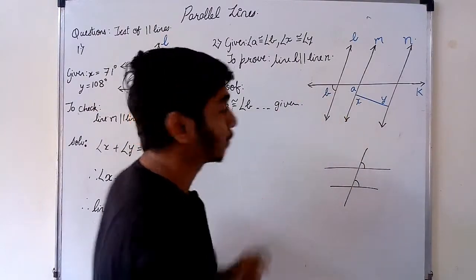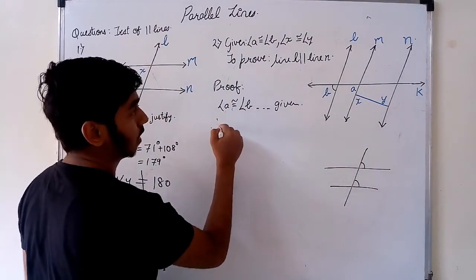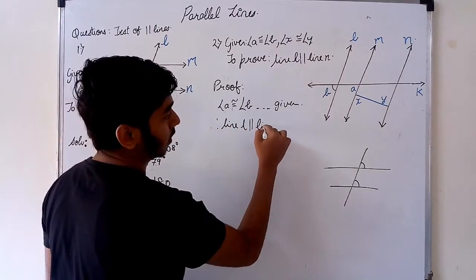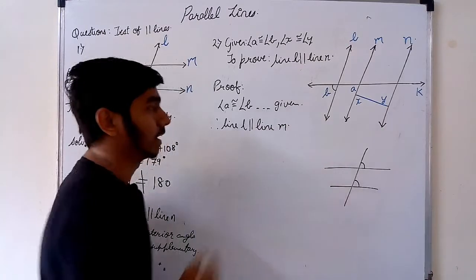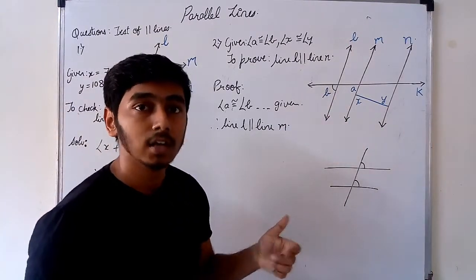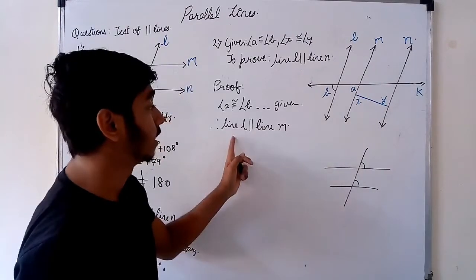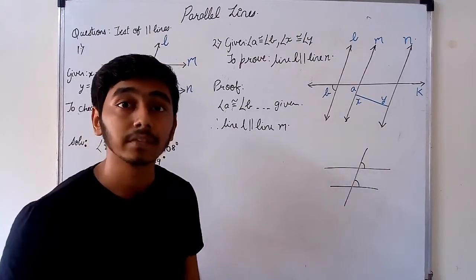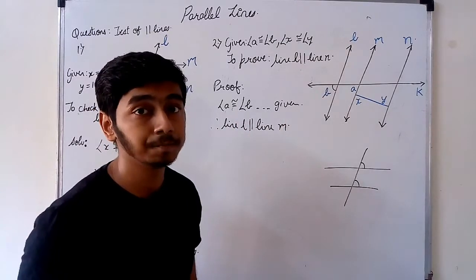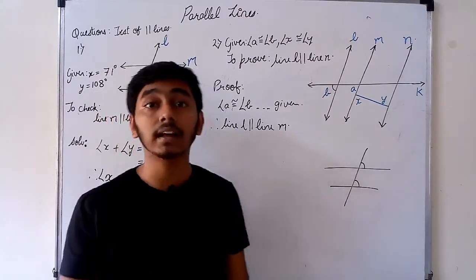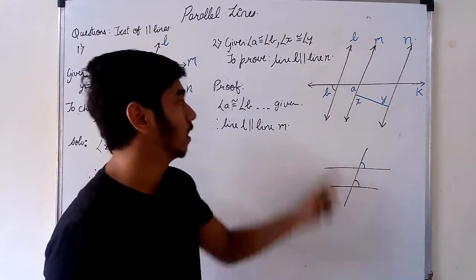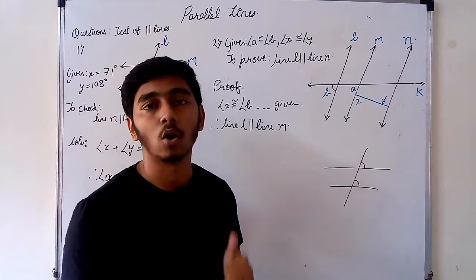Therefore, we can say line l is parallel to line m. Why? Because corresponding angles are congruent. So if the corresponding angles are congruent, then the lines are parallel. That is the converse of the corresponding angles theorem, correct? Because the corresponding angles theorem says if the lines are parallel and there is a transversal, then the corresponding angles are congruent.